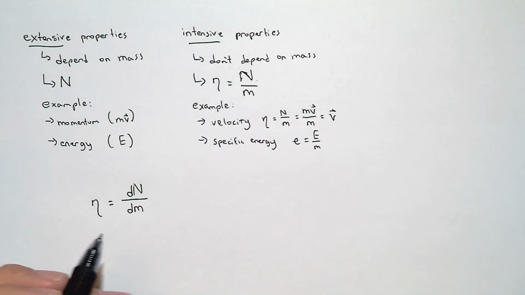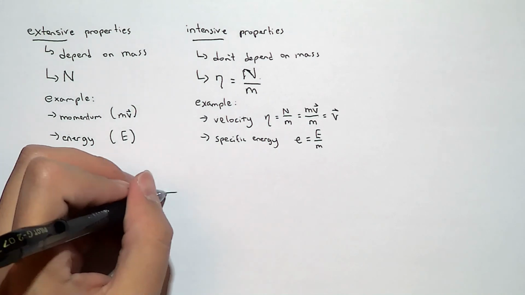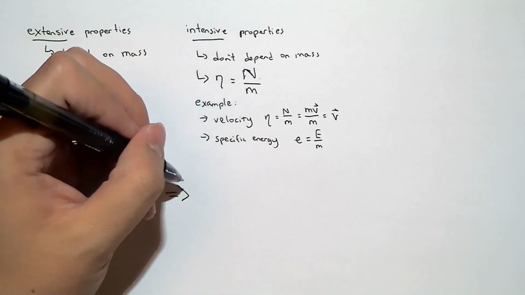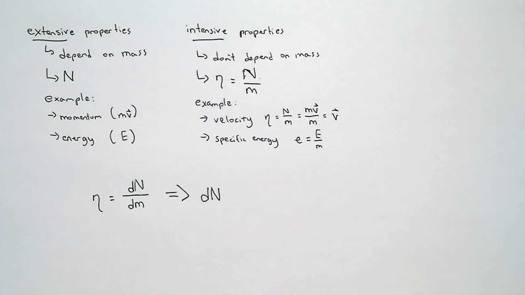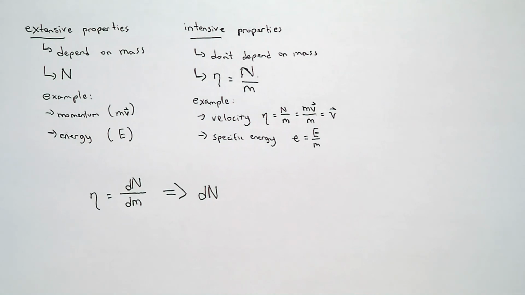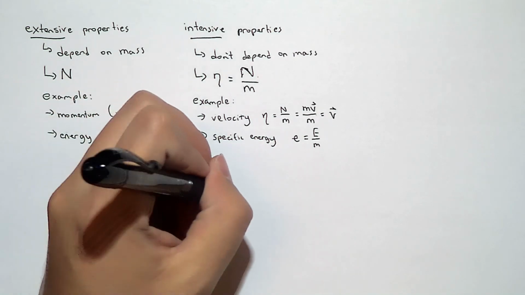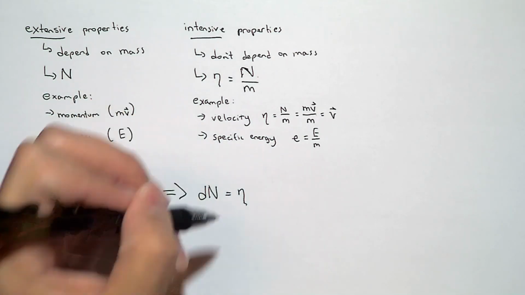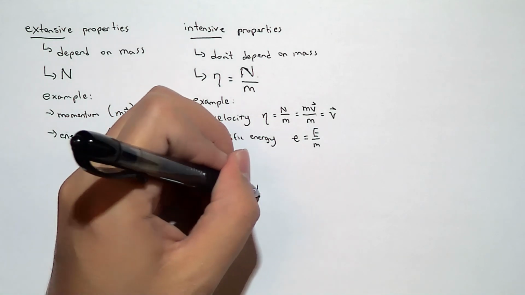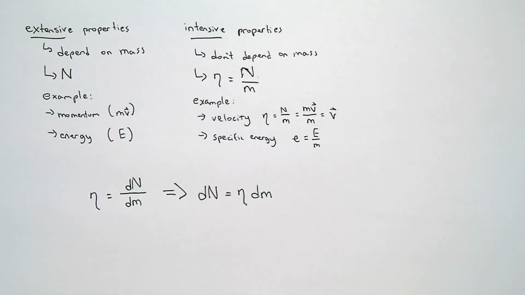Now, from this definition of an intensive property, a tiny bit of extensive property, it can be momentum, but maybe think of energy, which I think would be an easier one to think of. A tiny bit of energy is equal to the specific energy, that's eta, times a tiny, tiny amount of mass.